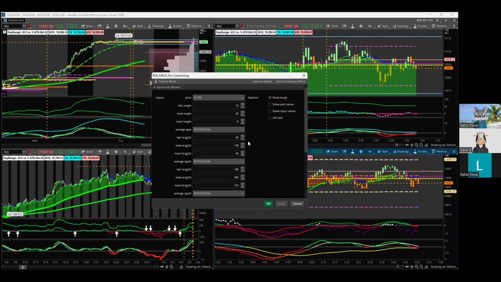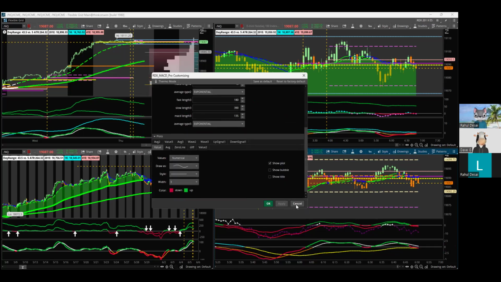So if you go down, average 2, value 3. I've only turned the value on. You don't need the average. I just have the value on. But then the color has to be changed. I don't know how, but you don't need to change. It actually remains yellow and cyan because it's hard coded.